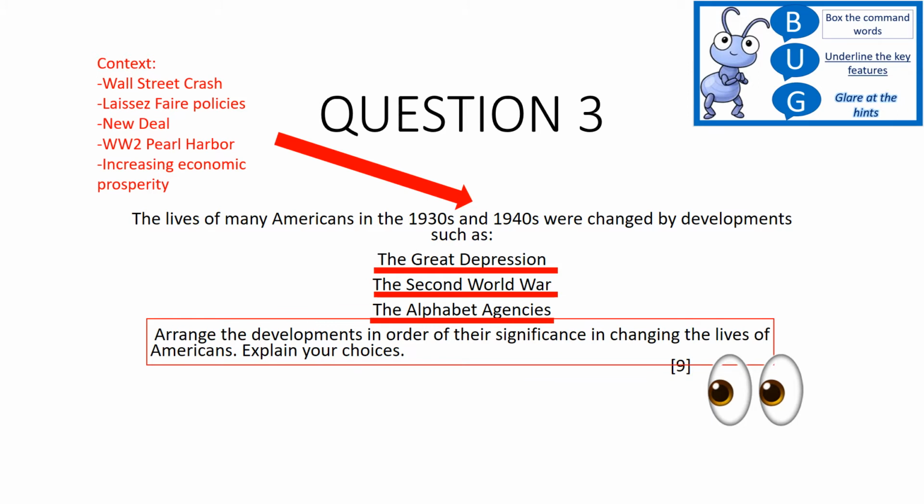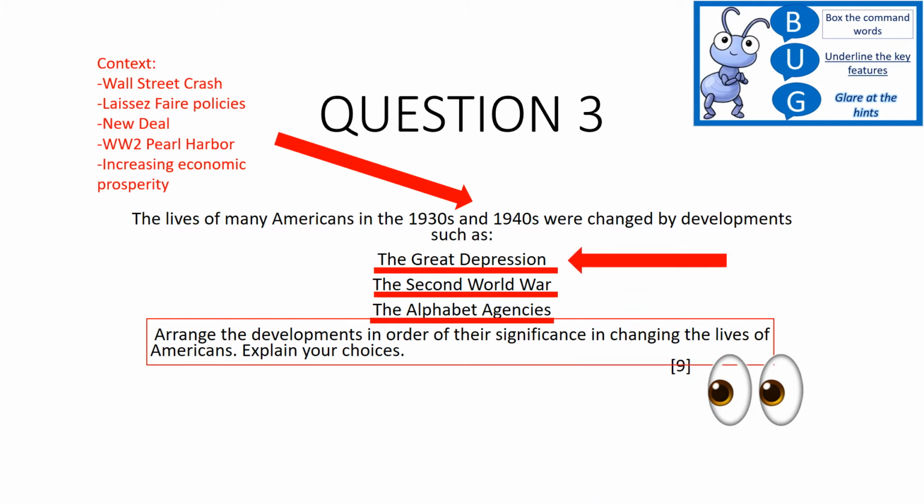You've got the laissez-faire policies of Herbert Hoover, where he believed the government shouldn't interfere. You've got the New Deal, which are made up of the alphabet agencies. In terms of World War II, you've got Pearl Harbor and increasing economic prosperity after the war finishes in 1945.